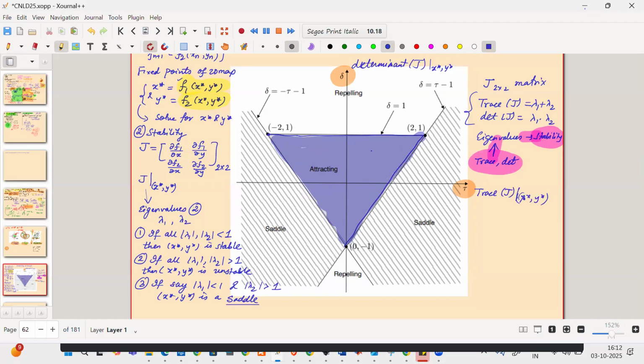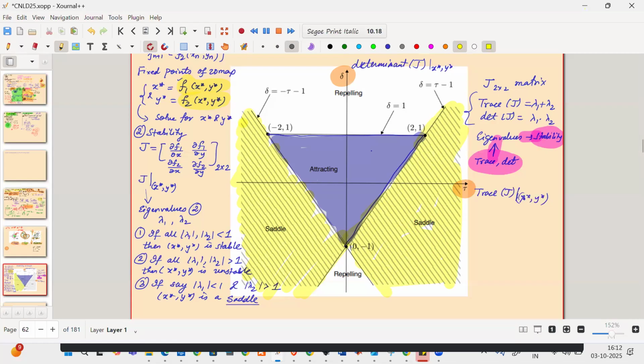However, if it lies outside of this region, maybe here, then it is a saddle. Even here, if it lies, it is a saddle. However, there is still one more idea.